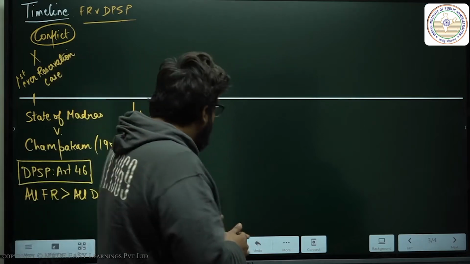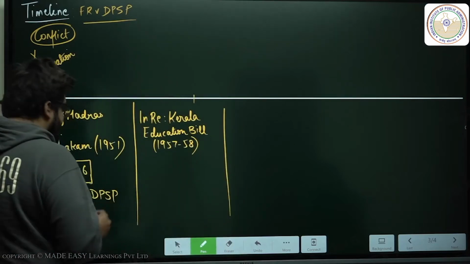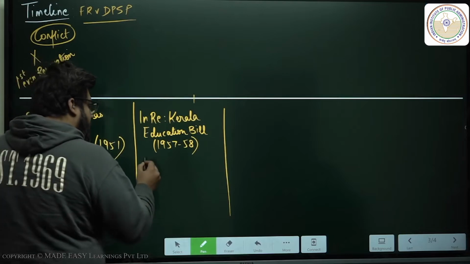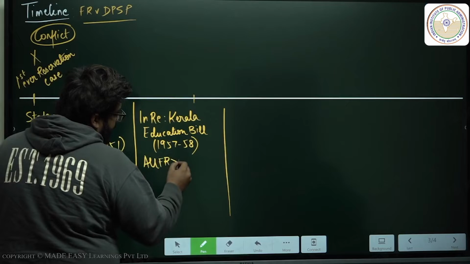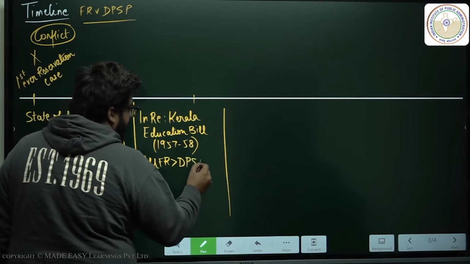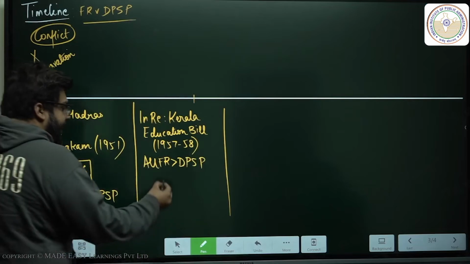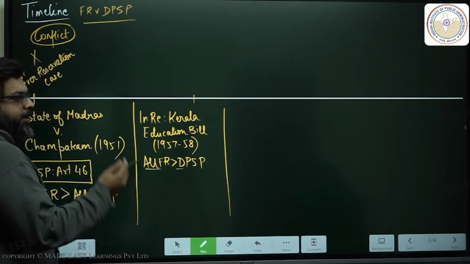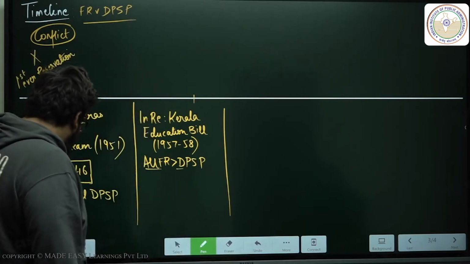Now, what the Supreme Court said here was very simple. Said, what are you fighting about? All fundamental rights are still going to be supreme and over and above all directive principles, but try and not fight. I understand that you want to make the country better. You want to regulate education better.